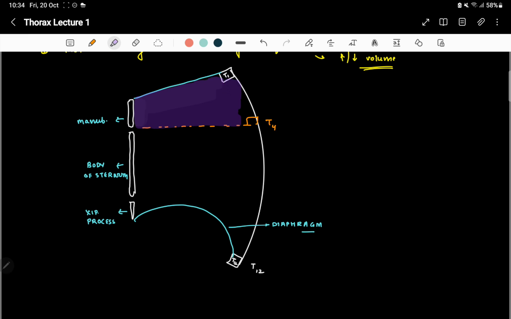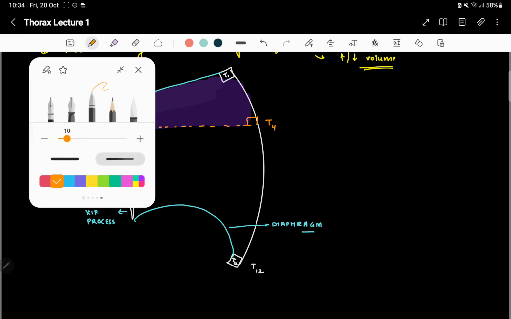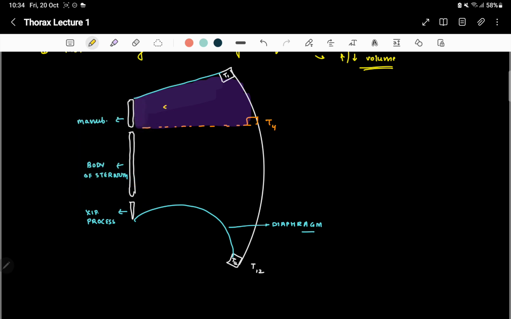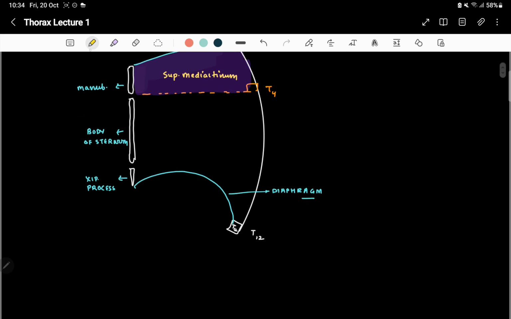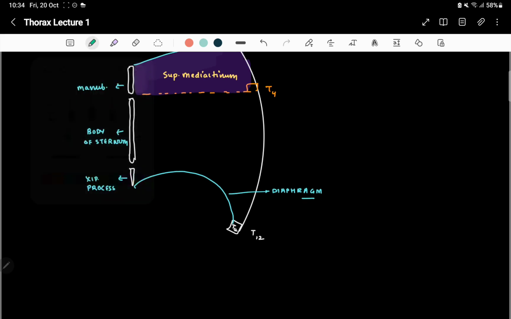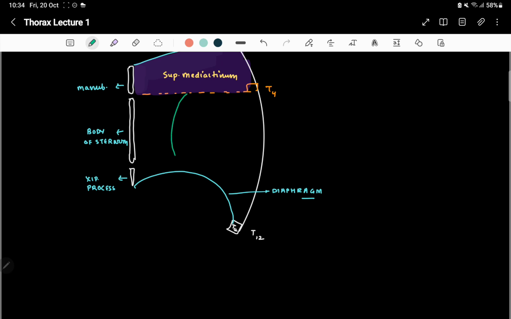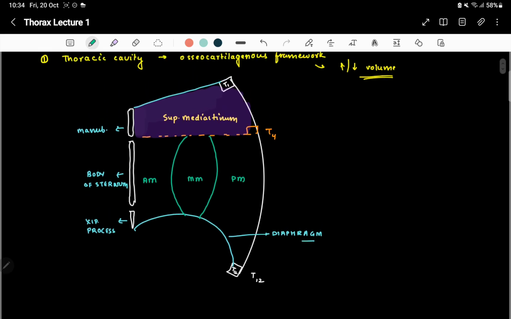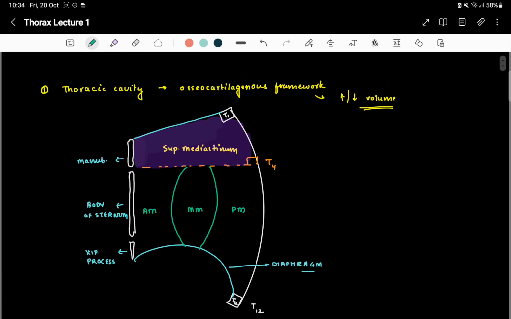This whole area is your superior mediastinum, and here it is divided like this. This is your anterior mediastinum, middle mediastinum and your posterior mediastinum. Understood? So these are the divisions of your thorax. This is the thoracic cavity.